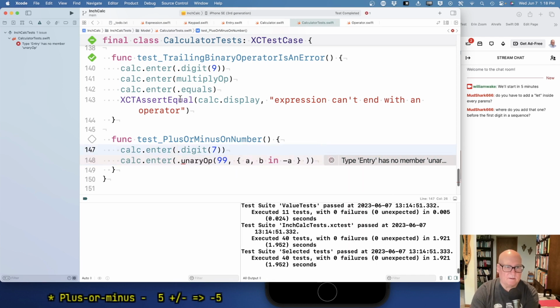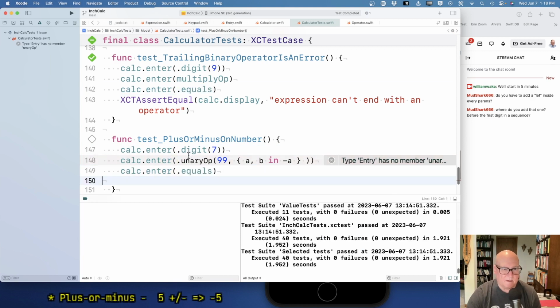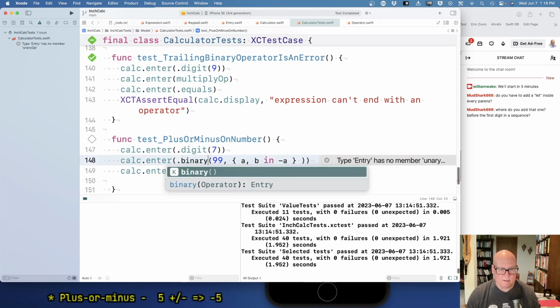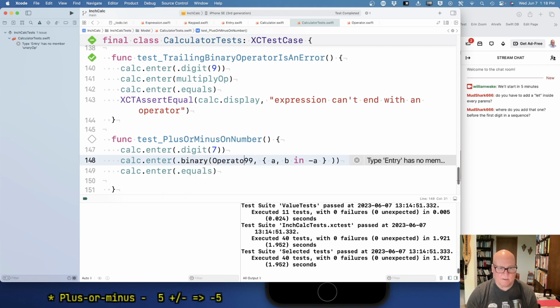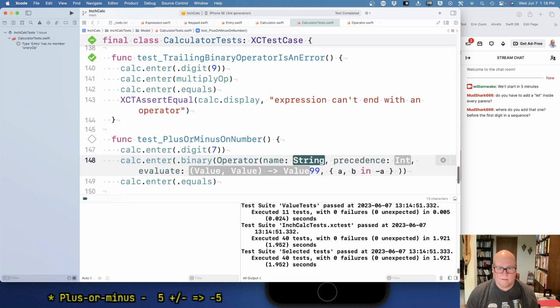Okay, now I'm going to make this a binary op for the moment. Binary. And then operator. Name plus or minus.